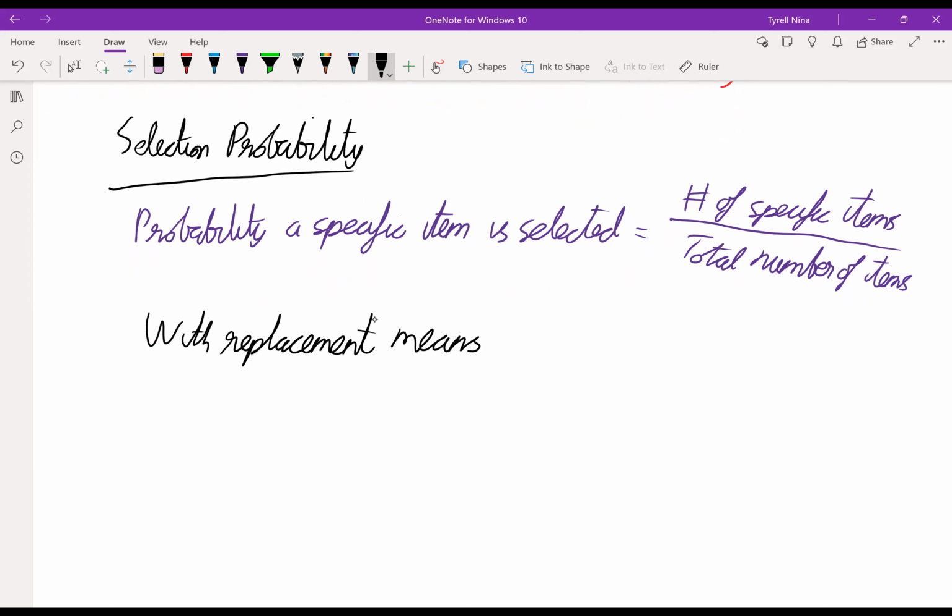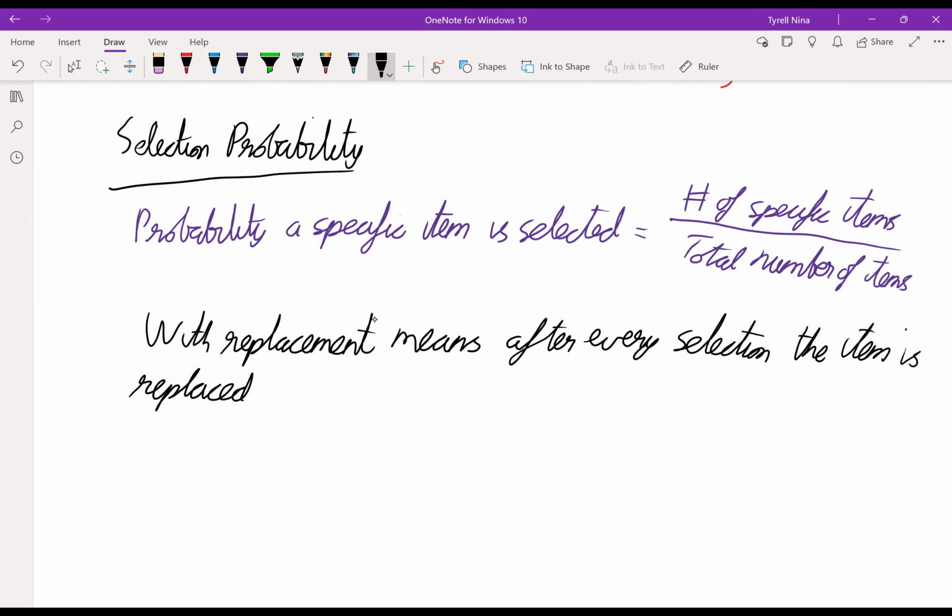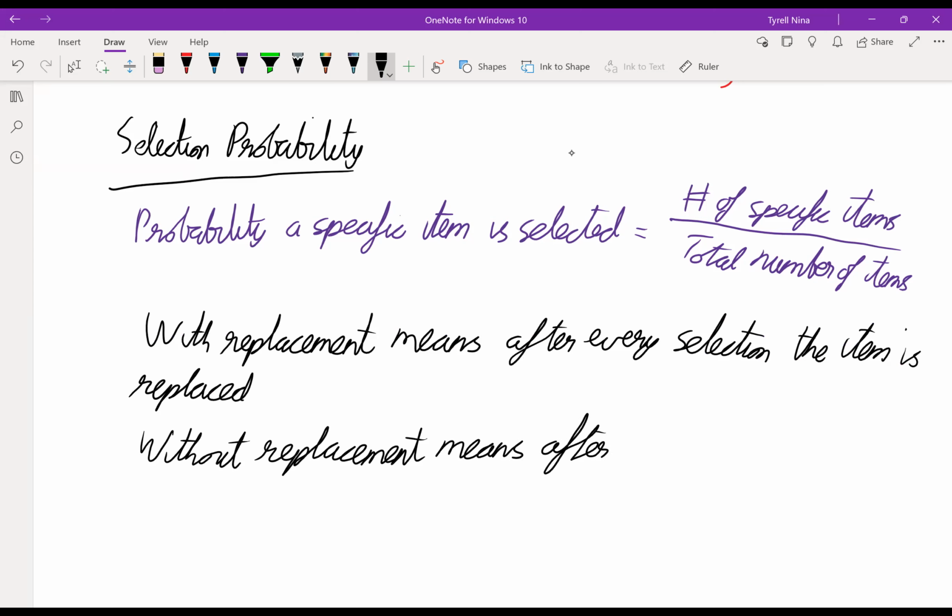With replacement means after every selection, the item is replaced, and without replacement means after every selection, the item is removed.